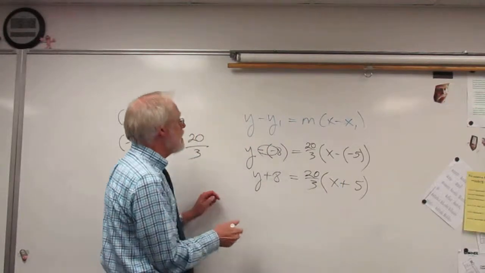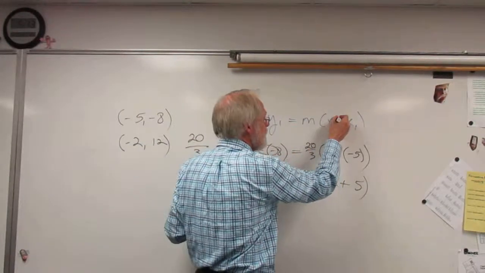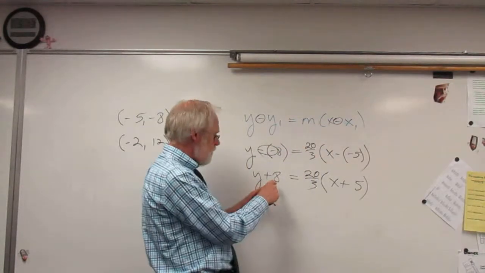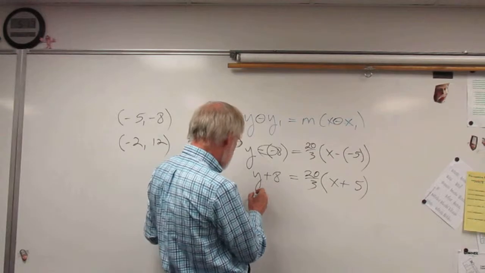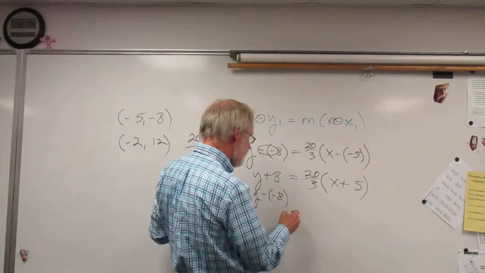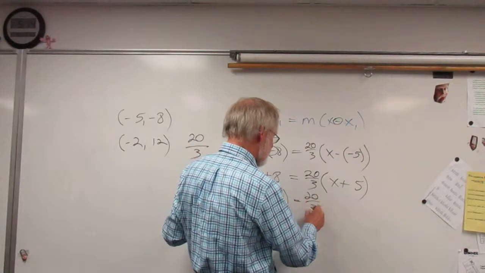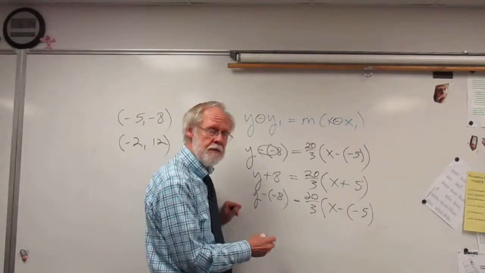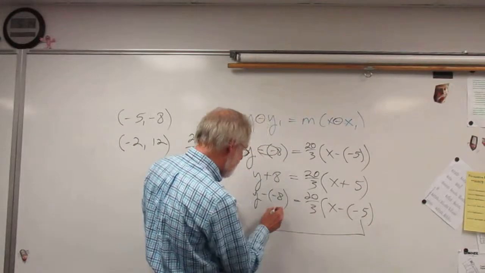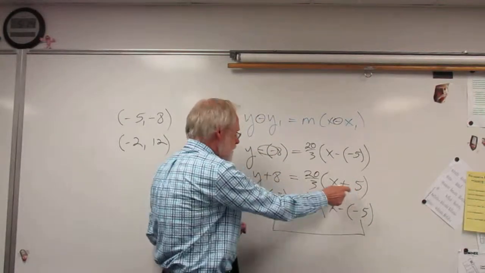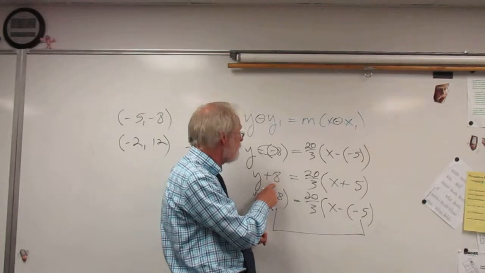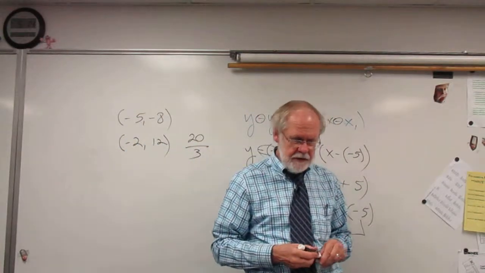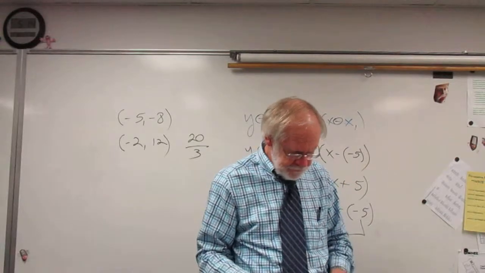What I'm demonstrating here is that the form calls for a negative in both places. So actually what this means is y minus negative 8 equals 20/3 times x minus negative 5, which means the point we plugged in is negative 5, negative 8, not positive 5, positive 8. Okay? I hope that's clear. Look at the video again if you need some further explanation of that.